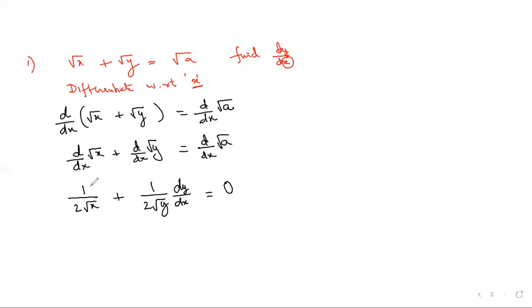So the derivative is completed. After the derivative is completed, make only the terms with dy by dx on the left hand side and terms without dy by dx on the right hand side. Now make dy by dx as a subject.